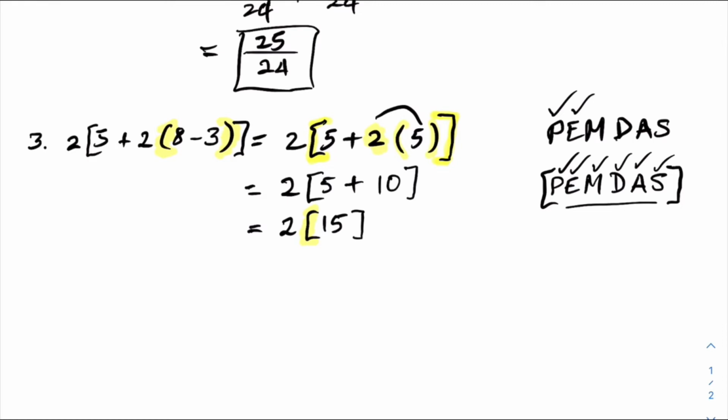I also mentioned that a bracket is considered the same as parentheses. So when it's next to a bracket or a parentheses, the number will multiply. So 2 times 15 is 30. Multiplication is complete. There's no division, there is no addition, and there's no subtraction. So the answer is 30.